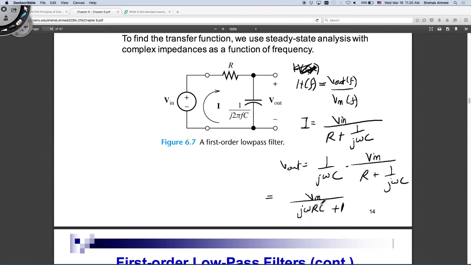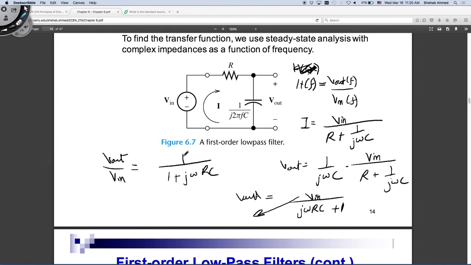This is V out. My transfer function is V out over V in. So I bring V in here, so the transfer function is 1 over 1 plus j omega RC, correct?